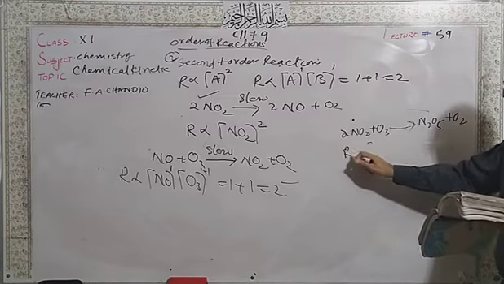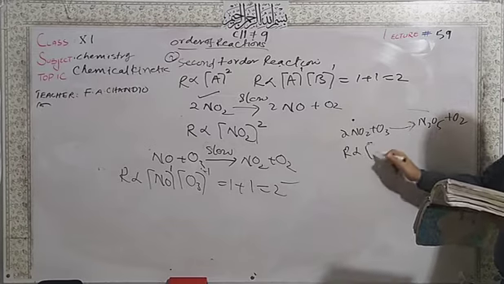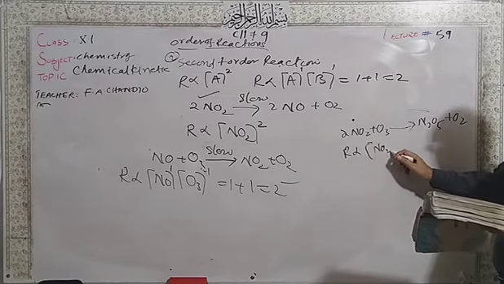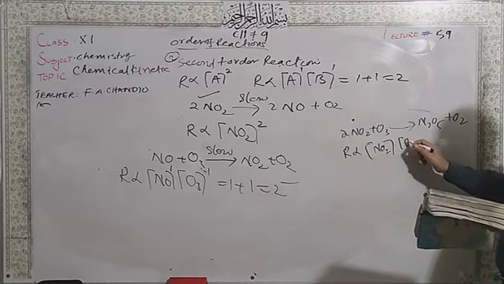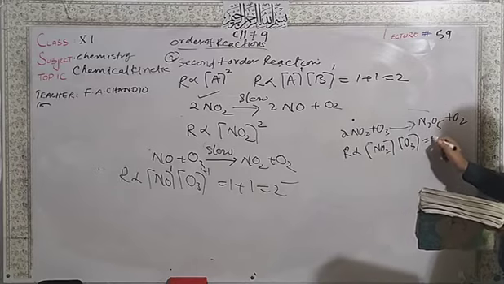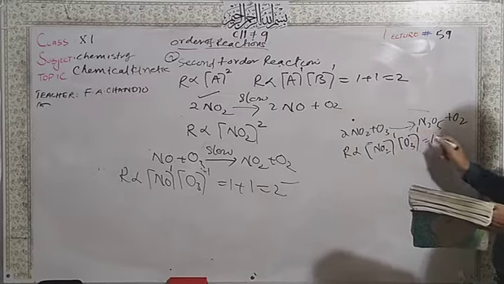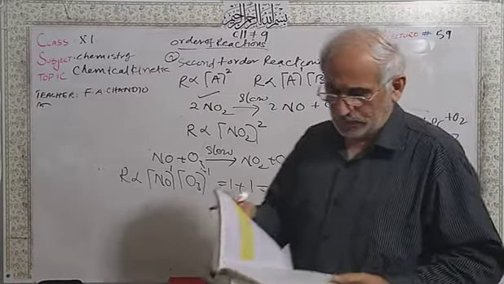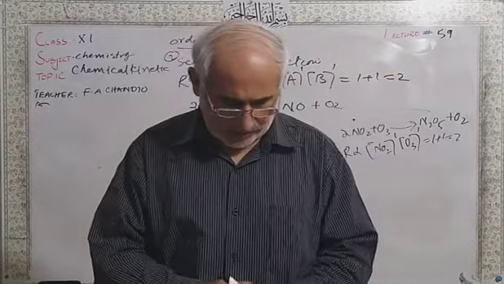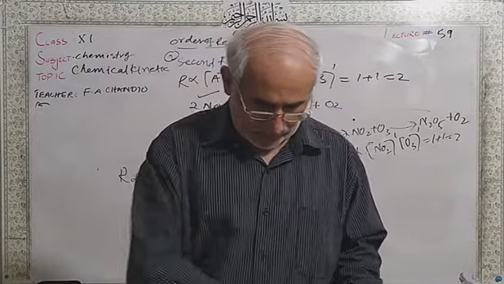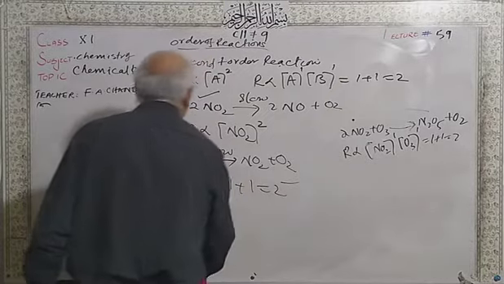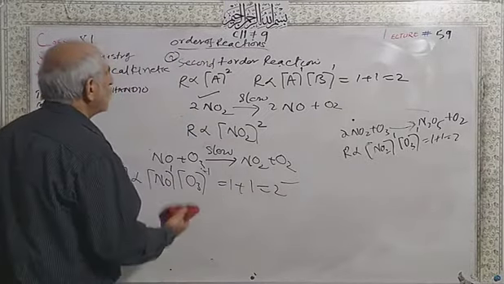According to the experiment, the rate law is going to be shown here: 1 molecule of nitrogen dioxide and 1 mole of ozone. So 1 plus 1, 2. So this is not complete in the first step. Dear students, this is called a second order reaction. The sum of the exponents of the reactants must give 2.